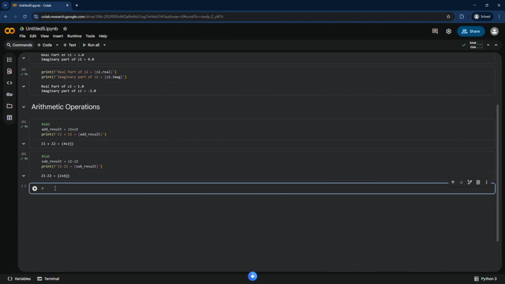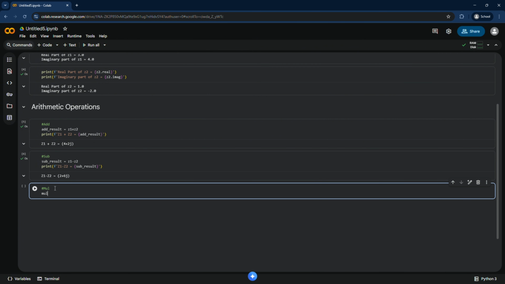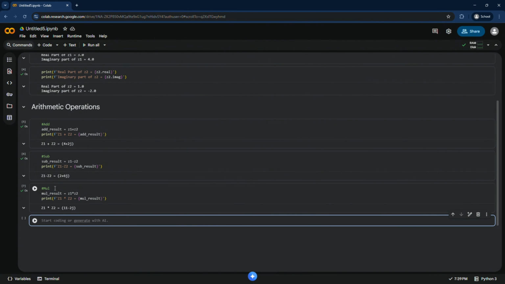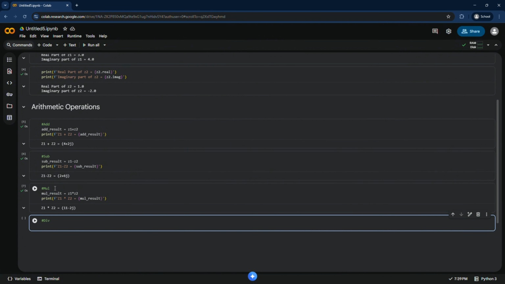Now multiply z1 and z2. Similarly, perform the division and print the result.